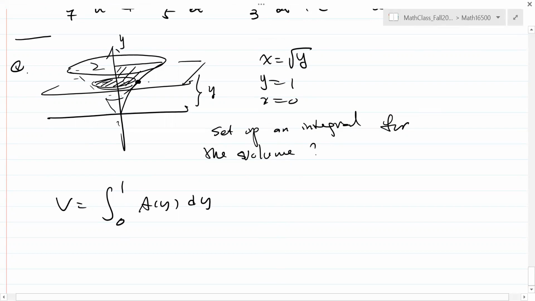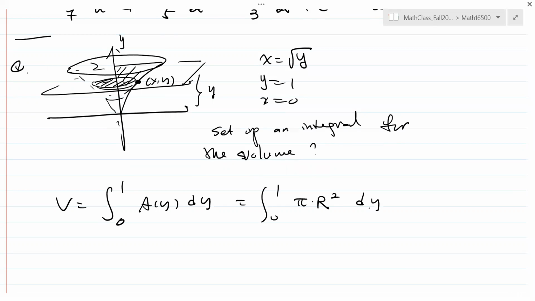So this is a point x and y. Okay, I can write it down quickly, right? So this will be a circle. At that particular point, the area of one disk is pi r squared dy. So r is going to be x, but x is going to be square root of y, right?